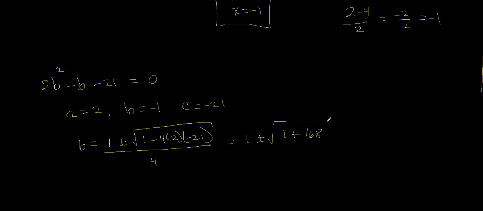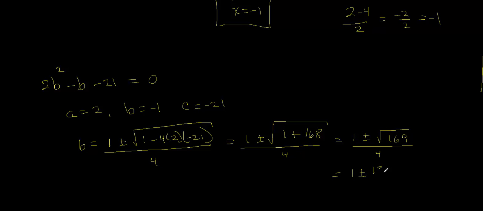Now, as you can see, 168 plus 1 is exactly 169, which happens to be a perfect square again. Very convenient, right? So here we got 1 plus or minus, now the square root of 169 is 13, all over 4.